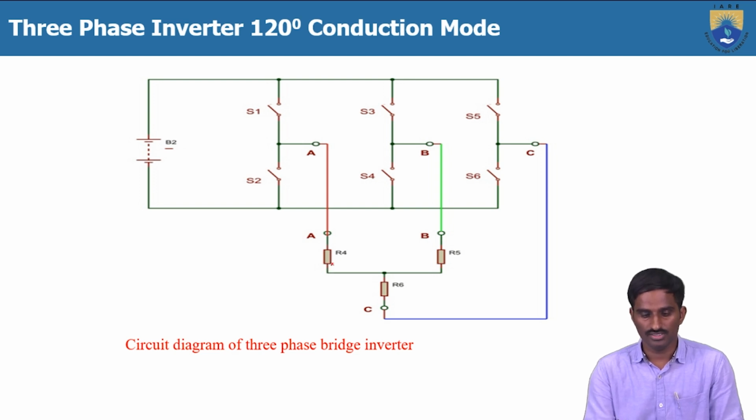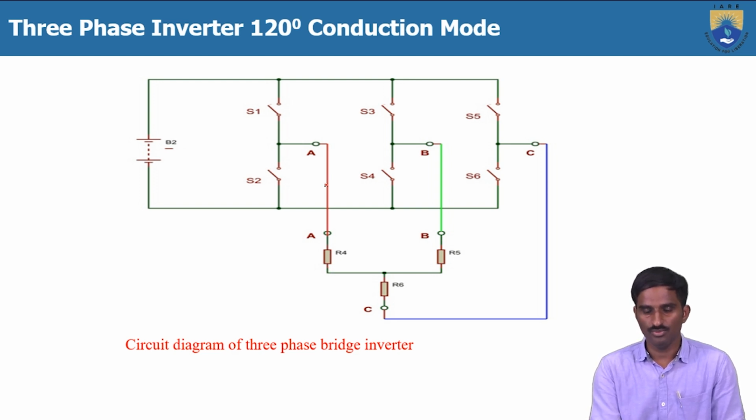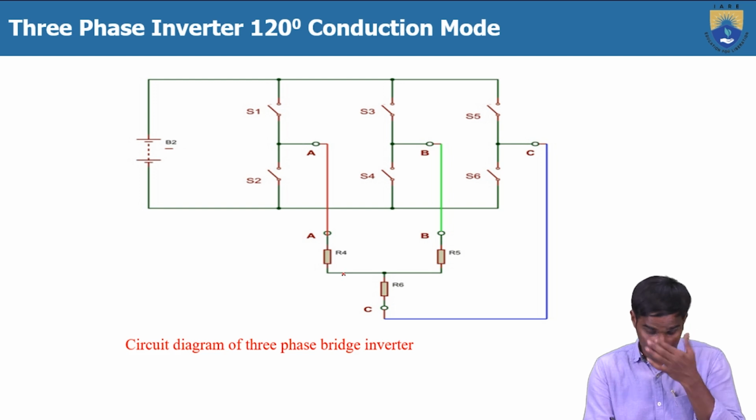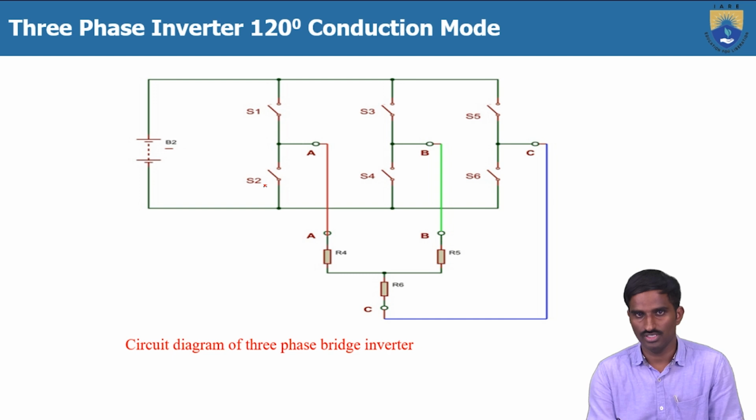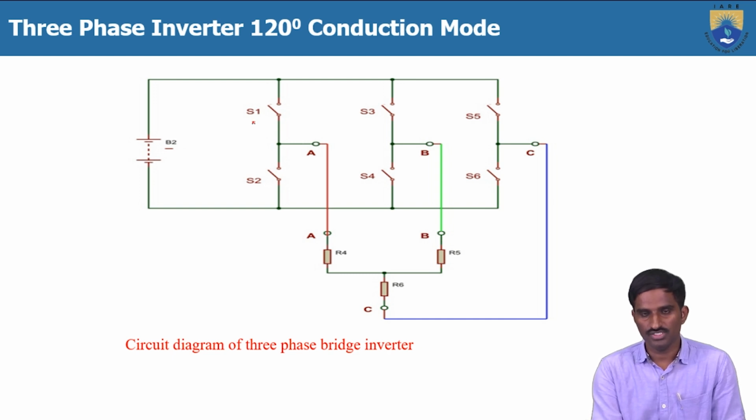Because here the same concept that we discussed in the 180 degree mode of conduction applies: the phase difference between S1 and S2 is 180 degrees here also, because once S1 is conducting, after 180 degrees only S2 will start conducting.